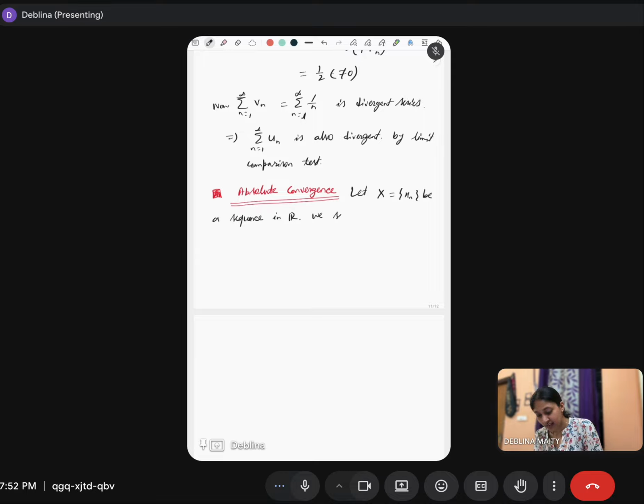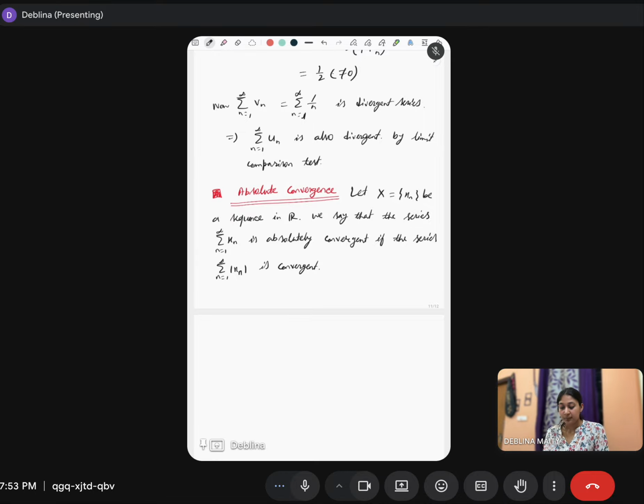We say that the series summation xn, n equals 1 to infinity, is absolutely convergent if the series summation from n equals 1 to infinity of mod of xn is convergent.